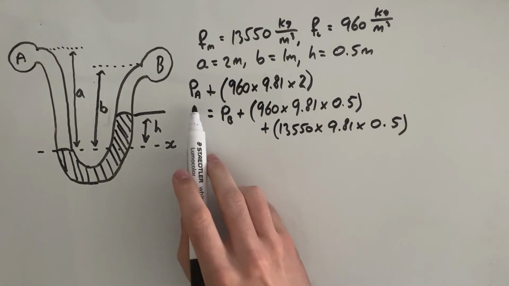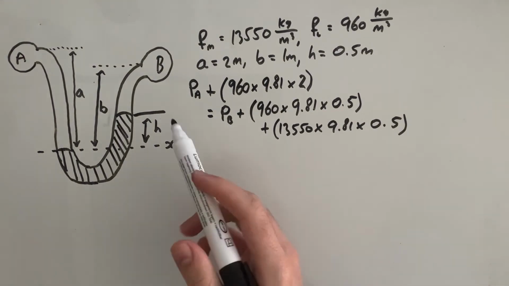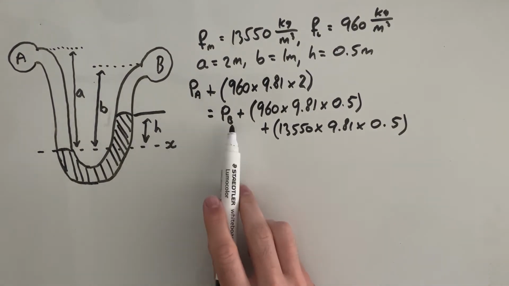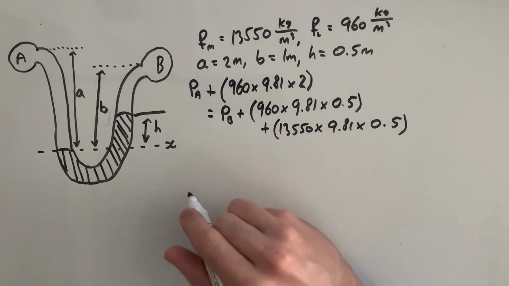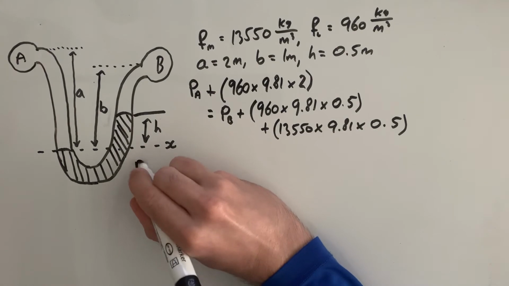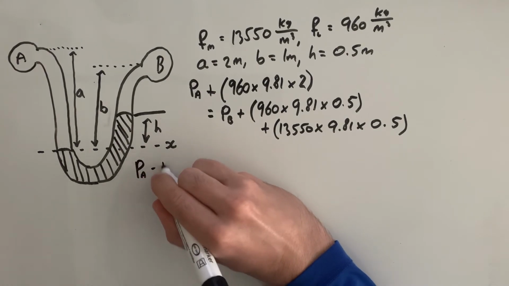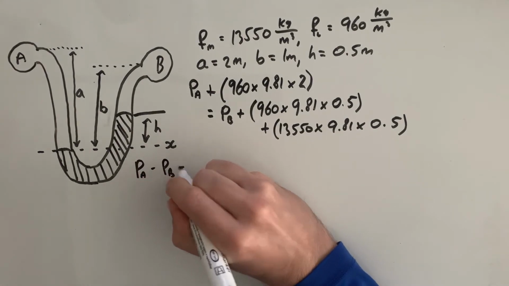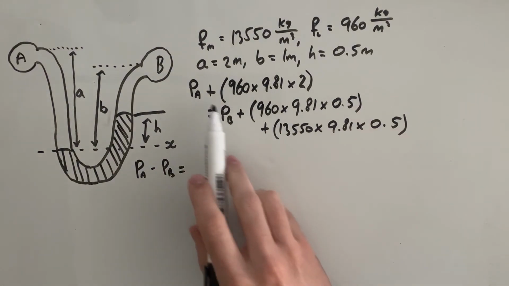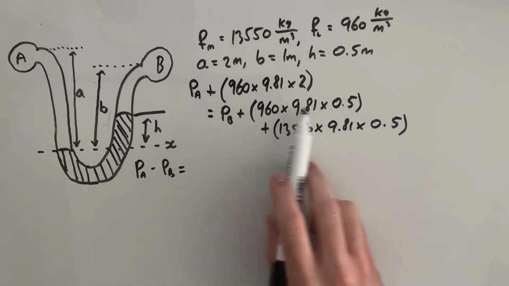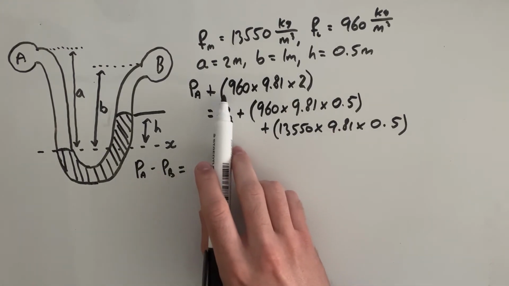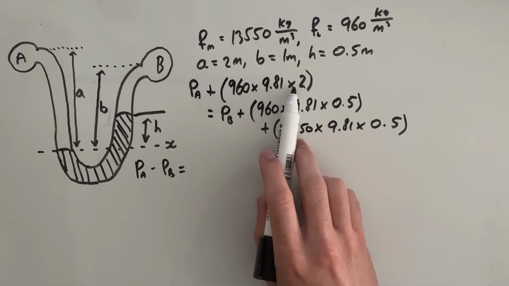So now we have one equation with our two unknowns, but we are looking for an expression for PA minus PB. So we can simply rearrange this now. Because we want to get the PB over to this side, to change the subject, all we need to do is subtract this term off.